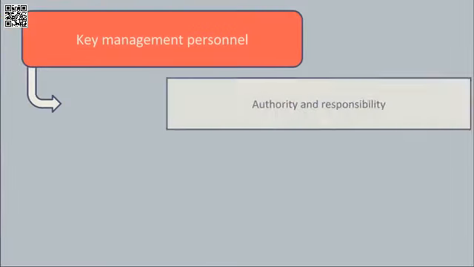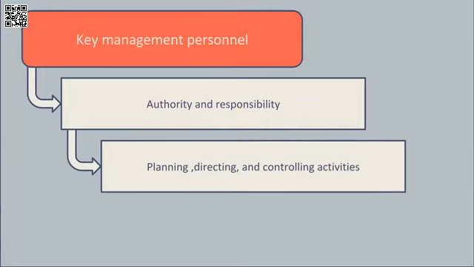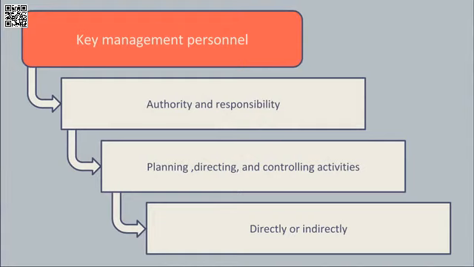Key management personnel are those with the authority and the responsibility for planning, directing and controlling the activities of the entity, directly or indirectly, including any directors, either executive or otherwise, of the entity. Given that the shareholders vote in the directors at the AGM, they are very interested in this information.